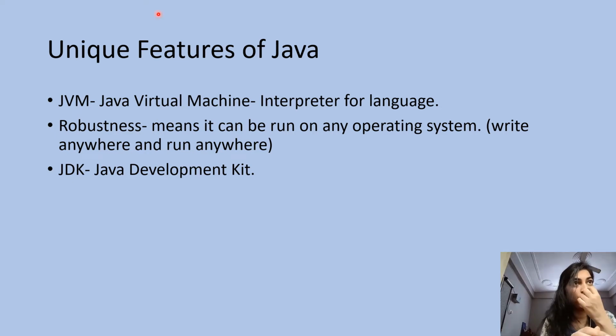Now, let's see the next one, which is robustness. Robustness is the capacity of a computer system to handle the errors during execution and manage the incorrect input of data.